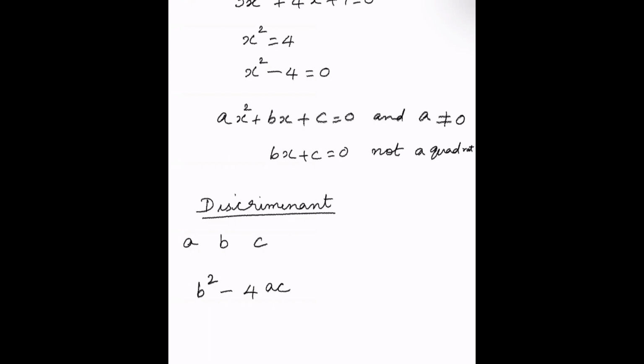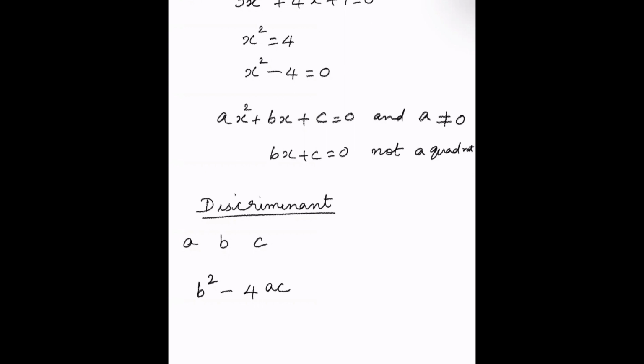In the place of b, you put the value of b, and in the place of a and c, you put the values for a and c respectively. When you calculate, you will get a value, right? And that value decides the roots of the equation.